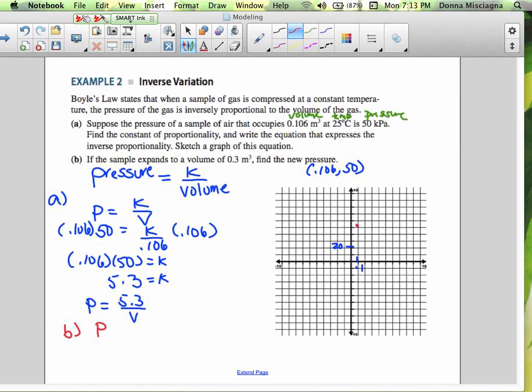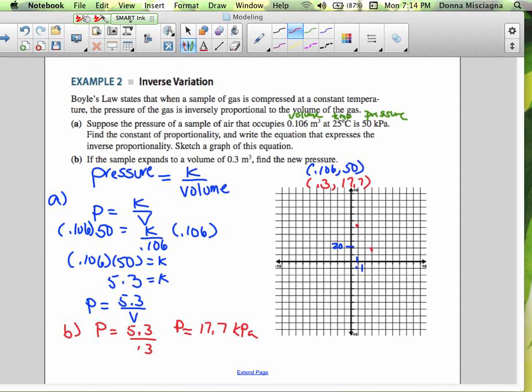So P is equal to 5.3, and the volume now is 0.3. Just plug that into the calculator. So P is about 17.7, and the units is kPa. Now we have a second point. Since we need a second point, we may as well just solve the other half of this problem. 17.7. So that's 0.3, and it's just a little less than this.